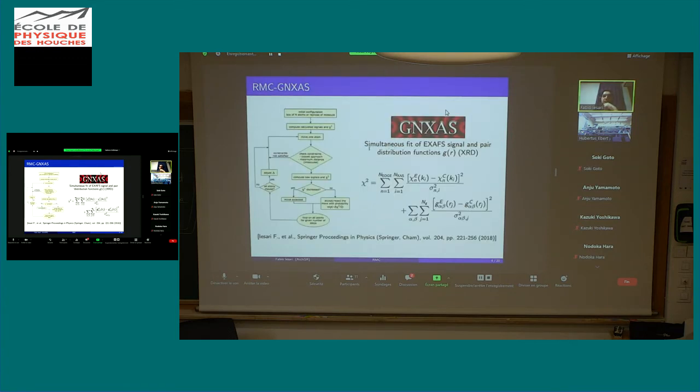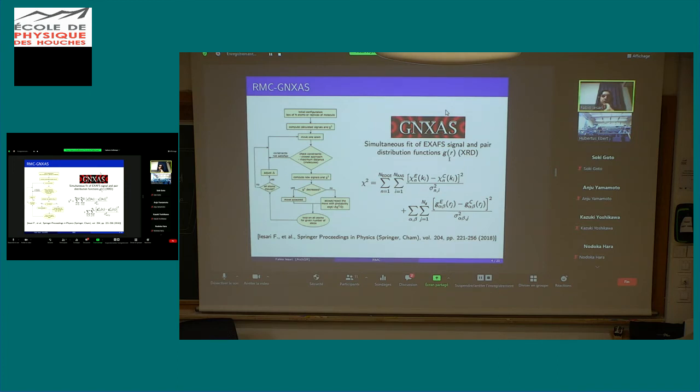So in our program, we refine both the GNXAS signal, but also the pair distribution function. We do this mainly to refine the long range order in our system, because this distribution function can be obtained, for example, by X-ray diffraction or by neutron diffraction. But the problem is that these are obtained by the Fourier transform of the structure factor.